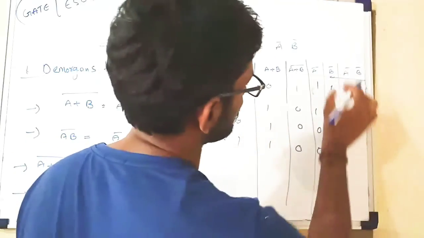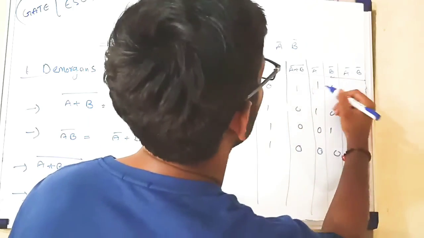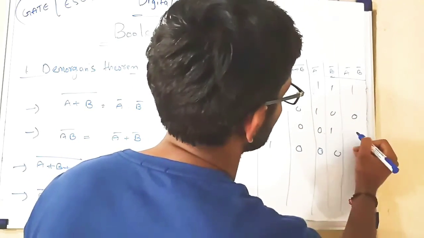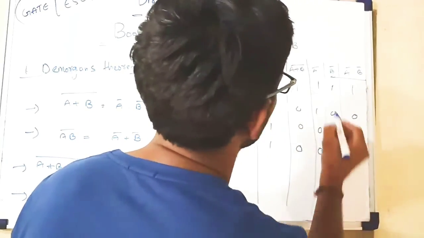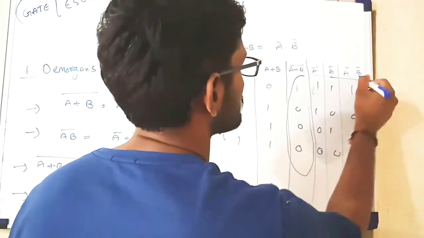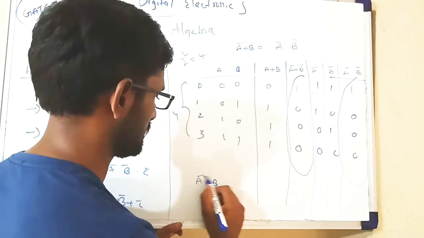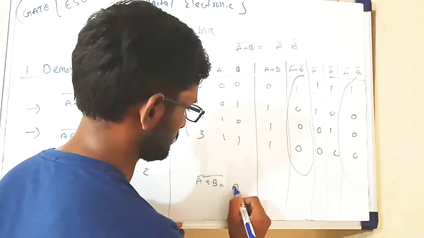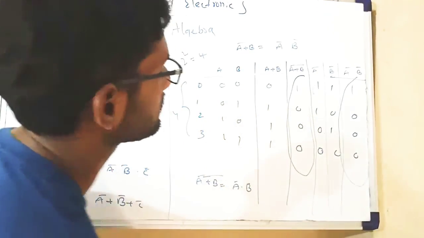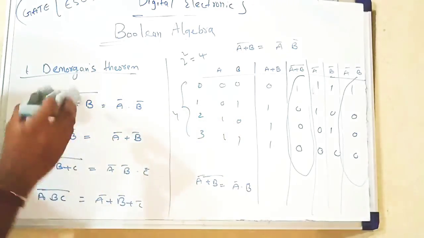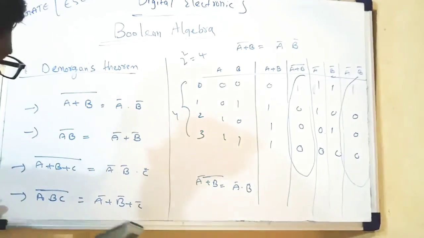Now A bar dot B bar, the product of these is 1, 0, 0, 0. See, here these values and these values are the same. Since we can prove that, we can say that (A + B) bar is A bar dot B bar. Similarly, we can prove the remaining results, but there is no need for the remaining proofs.